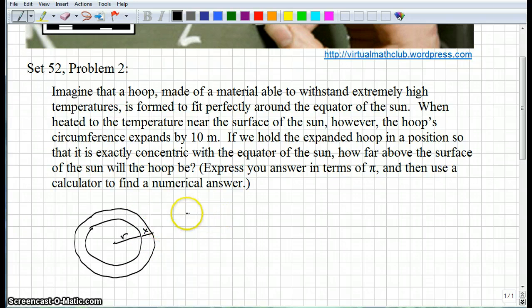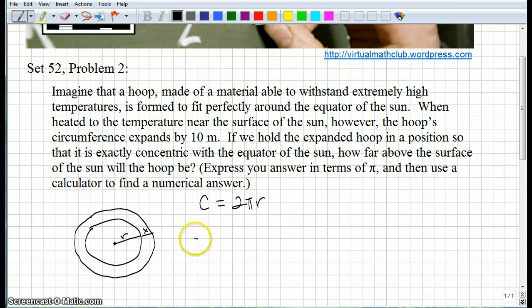Alright, so I'm going to define a couple of variables, well, I've already done that actually. I've got r as the radius of the sun, and x is the increase in the radius of the hoop. So we can say that the circumference of the sun is 2 pi times r.